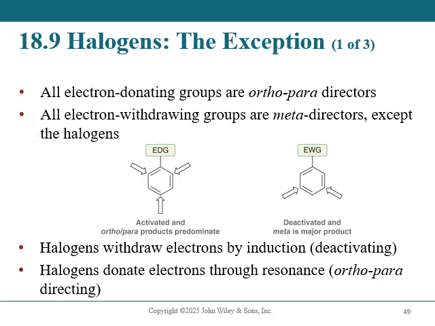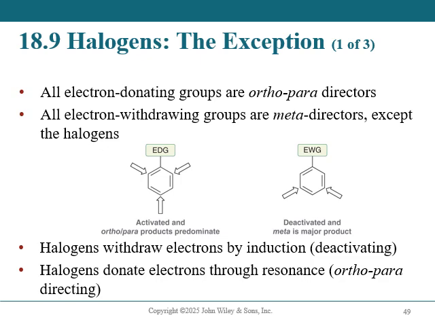Now, halogens are a little bit of an exception. Let's take a look at some of the general trends that we see. All electron donating groups are ortho-para directors, and all electron withdrawing groups are meta directors, except for the halogens. Halogens withdraw electrons by induction, so they are deactivating, that makes things go slower.